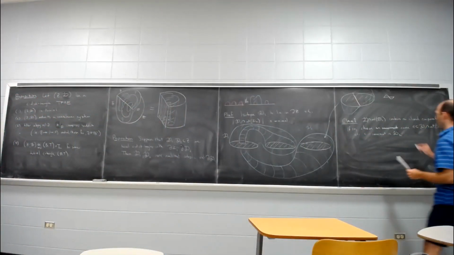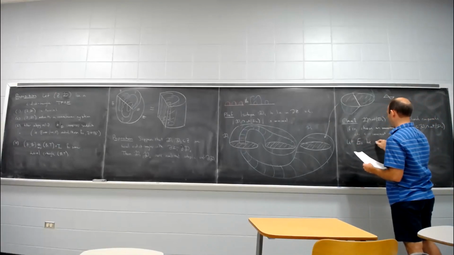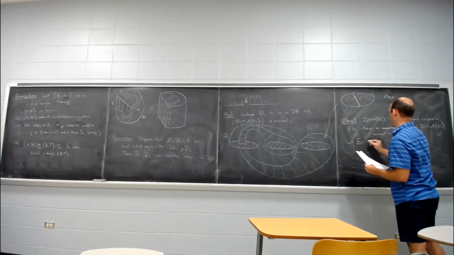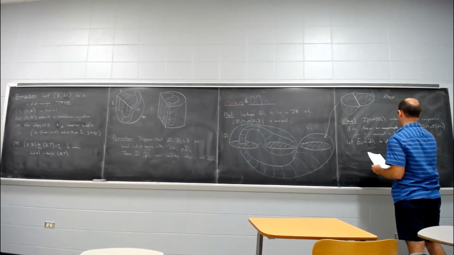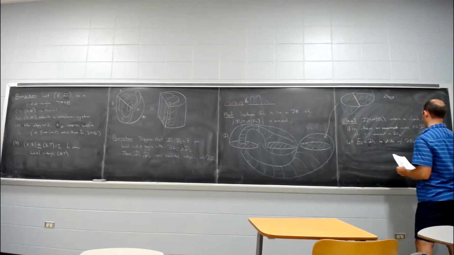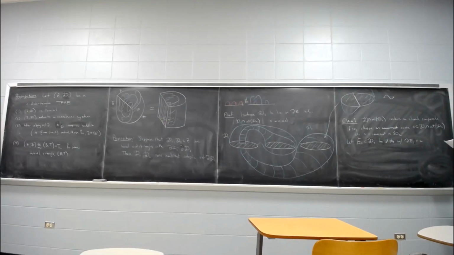Okay. So we're going to let E_i be disks in these disk systems so that the boundary of E_i is C. And we're going to let Q be the union of these E's.